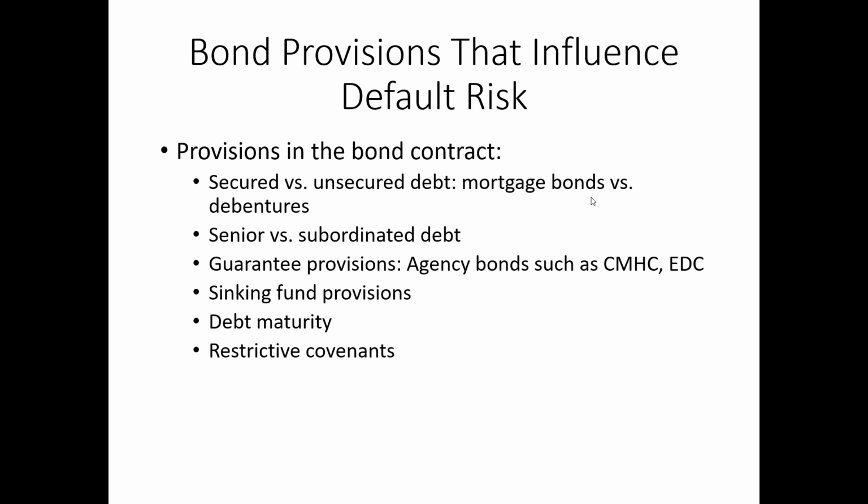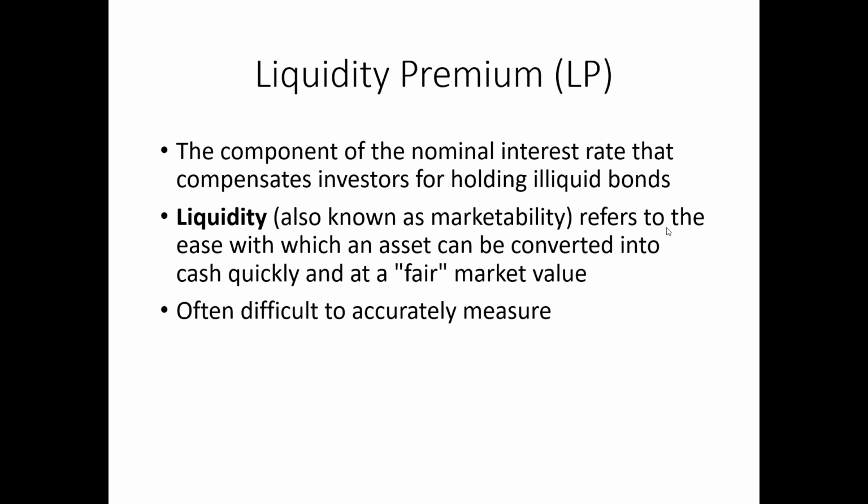So it could be pretty wide open and open-ended as to what's a restrictive covenant. It's like a constraint in linear programming. Anything that limits you from doing things that are not in the interests of bondholders. Paying dividends when your income is below a certain level, or things like that. Okay. It could be very open-ended on that.